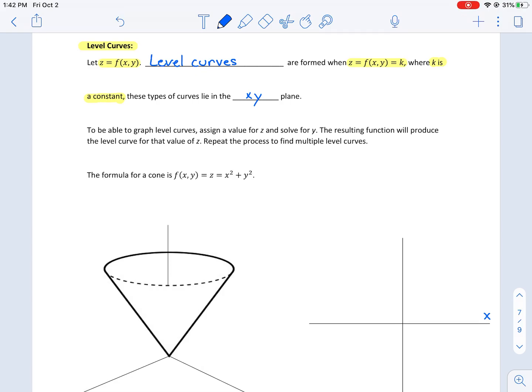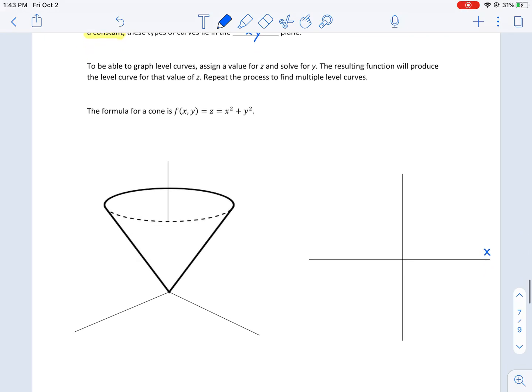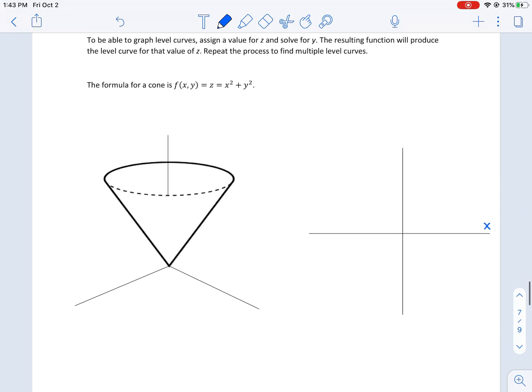Okay, to be able to graph level curves, assign a value for z and solve for y. The resulting function will produce the level curve for that value of z, and then repeat the process to find multiple level curves. So here is an example of a cone.